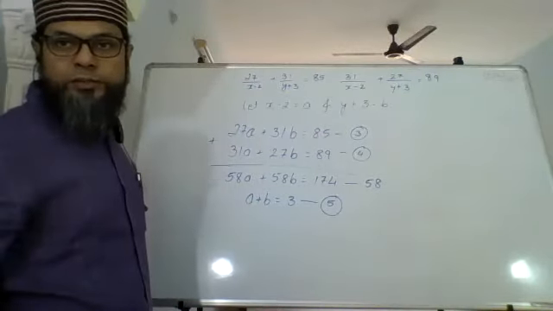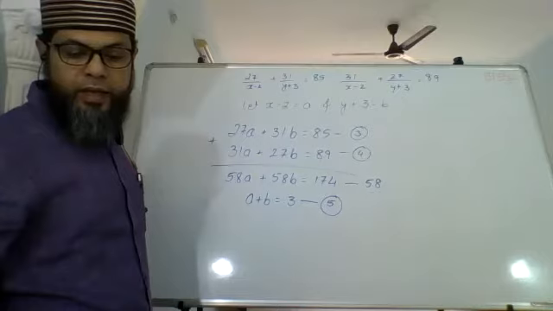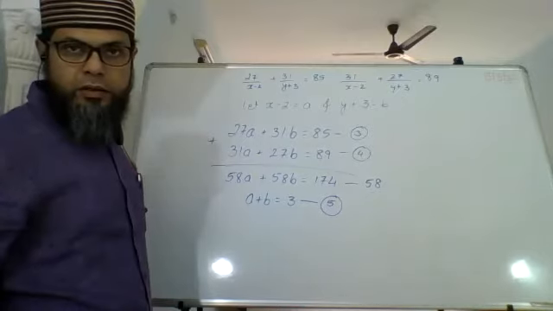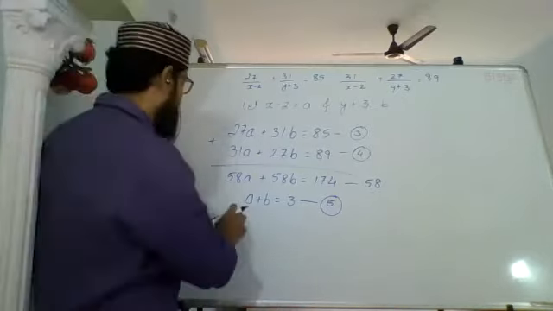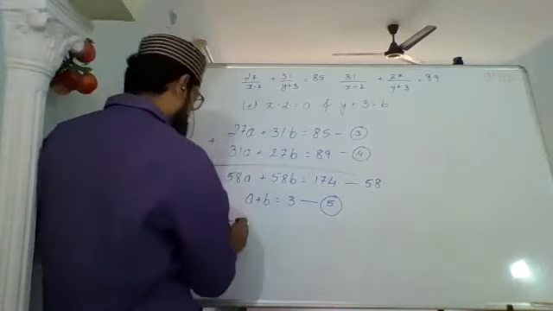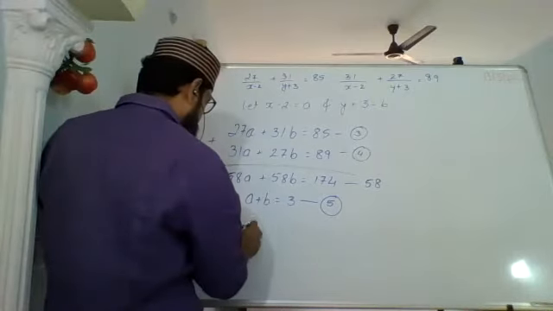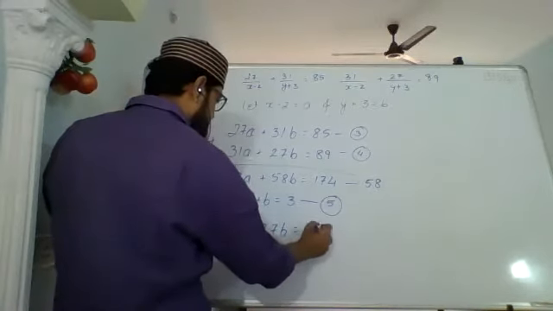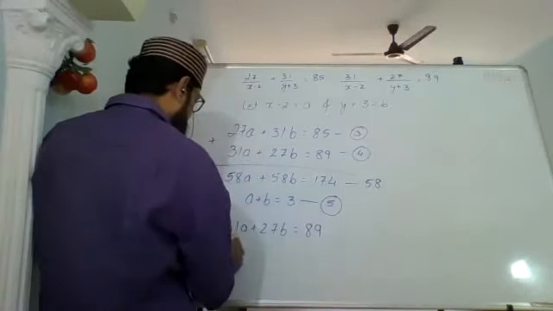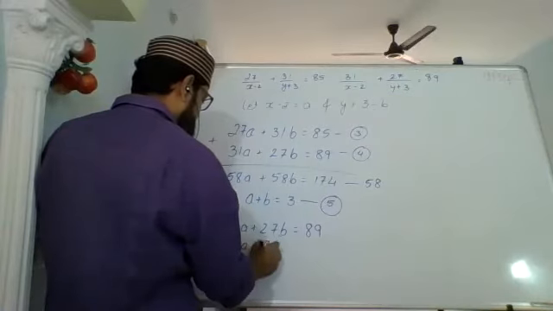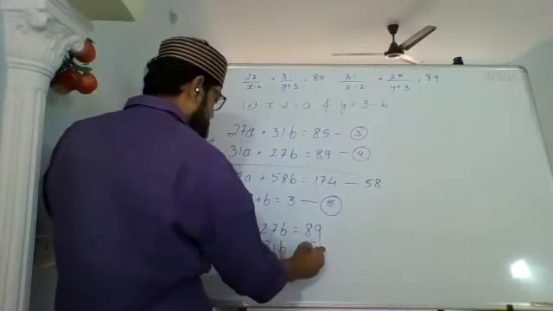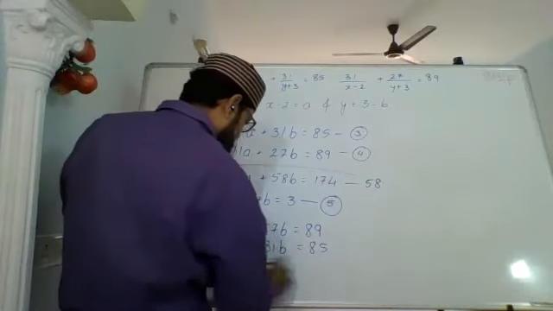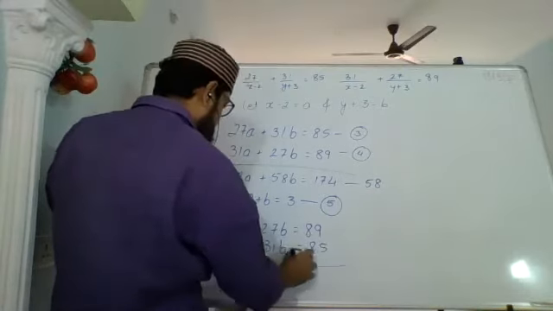Till here, any doubts? Any doubts, anybody? No. Okay. Then I'm going to subtract. So I'm going to take 31a plus 27b equals to 89 minus 27a plus 31b equals to 85. When I subtract, all signs are going to change.